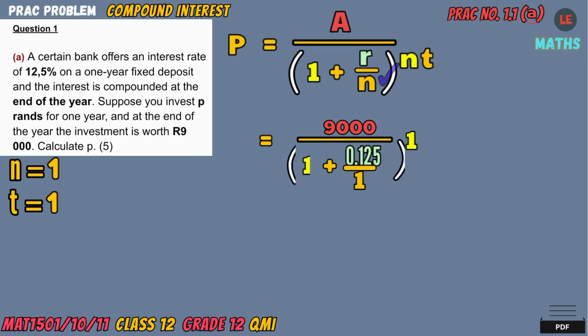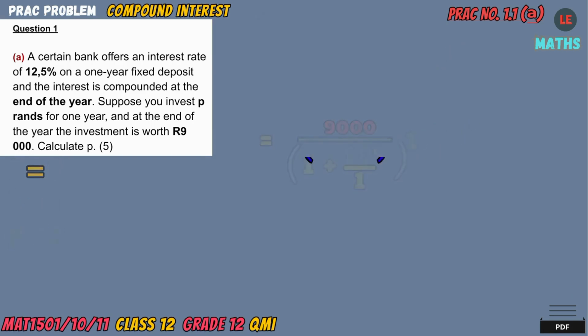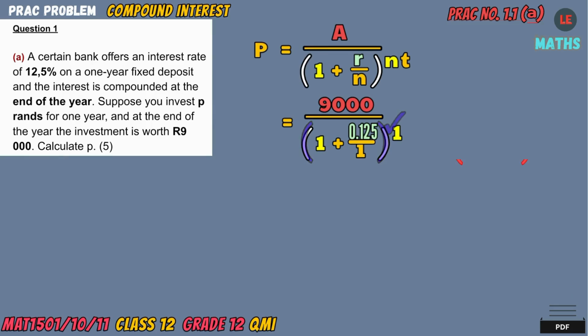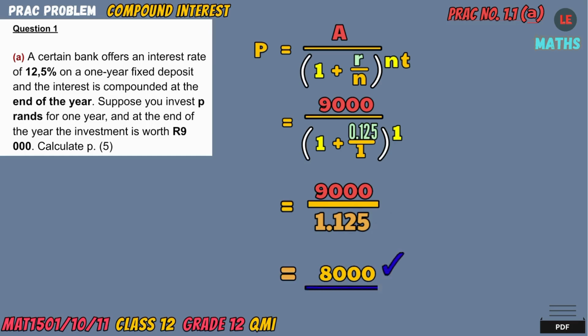N is 1. T is 1 and P is unknown. This nt is 1 times 1 equals 1. This, in the parenthesis, is solved to 1.125. In the following step, P equals 9,000 divided by 1.125. Finally, we get P to be 8,000.